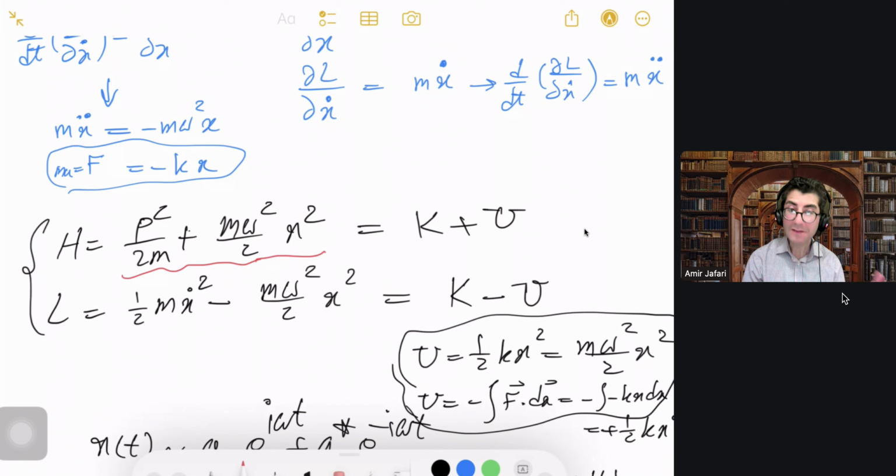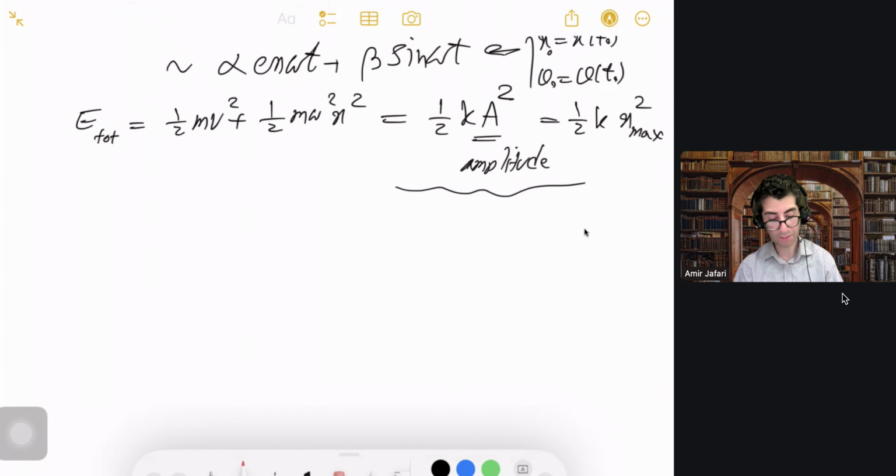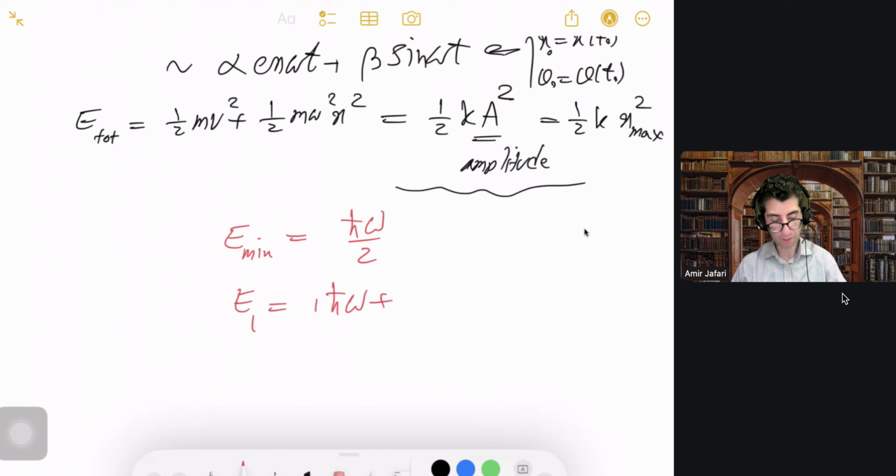So the ground state classically has zero energy, but in quantum mechanics, it turns out that the minimum energy is something like this. Okay. And other energies, the excited levels of the simple harmonic oscillator, go like this: h bar omega plus h bar omega over 2.